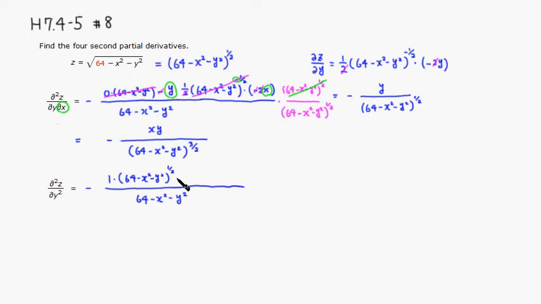Quotient rule, so it's minus, top is y, times the derivative of the bottom, so it's 1/2 quantity 64 minus x squared minus y squared, and subtract 1 from the power, so it's negative 1/2 power, multiplied by the chain rule, derivative inside with respect to y, so it's negative 2y.